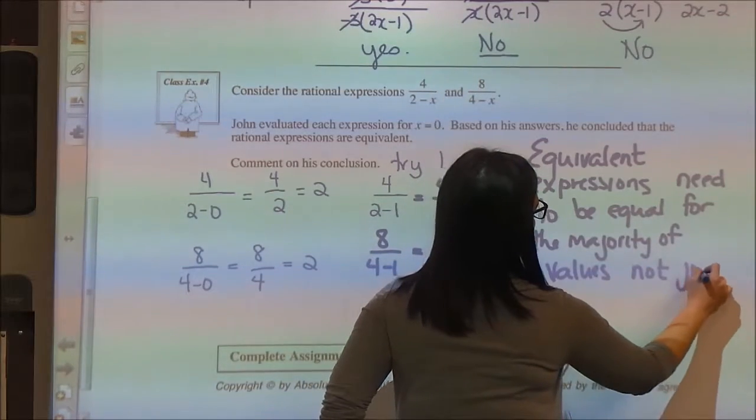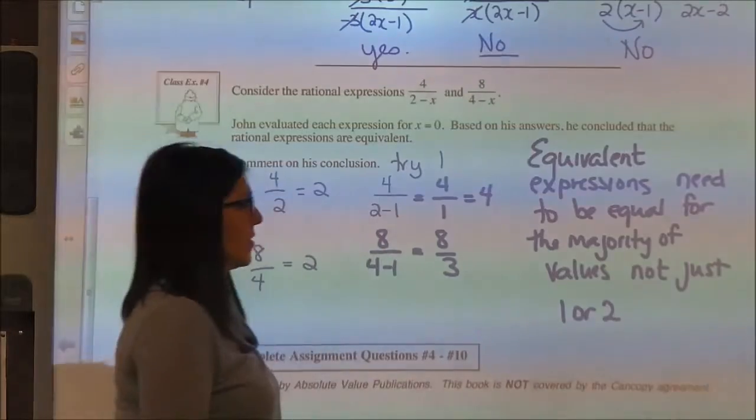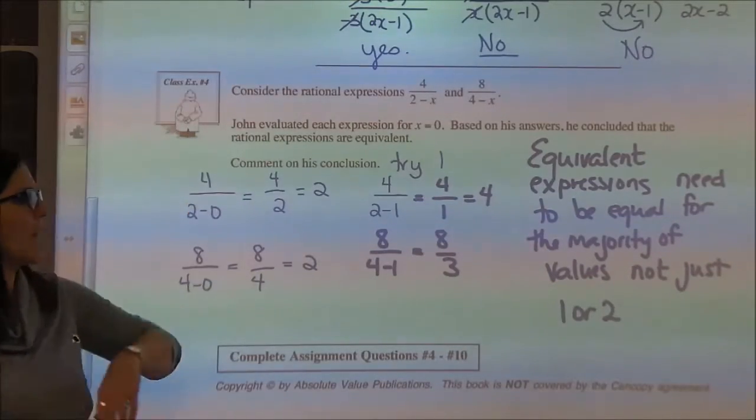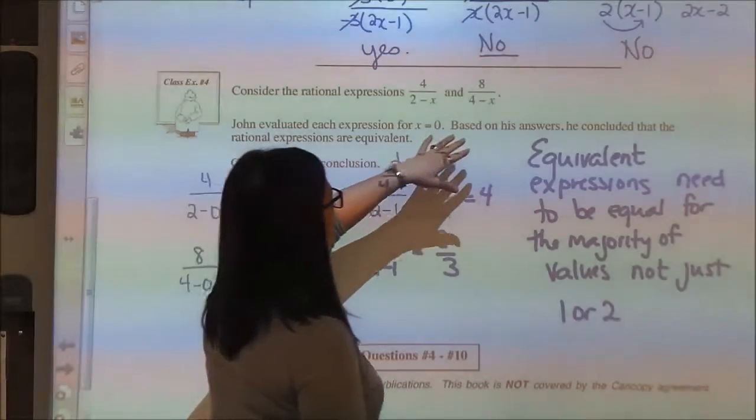Not just 1 or 2. So just because they're equivalent when x equals 0 does not mean that they're always equivalent. You have to check more than that. Or you have to look at the simplification.